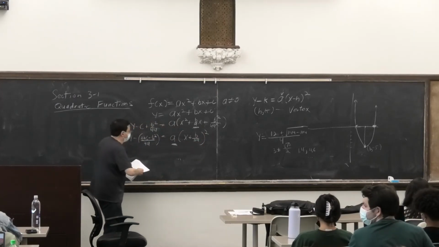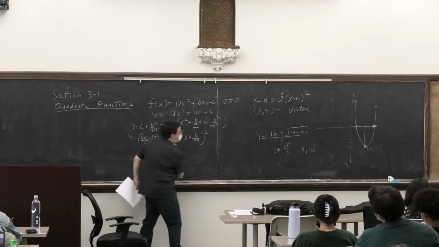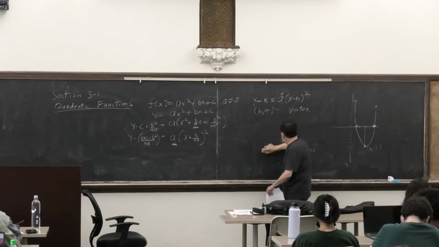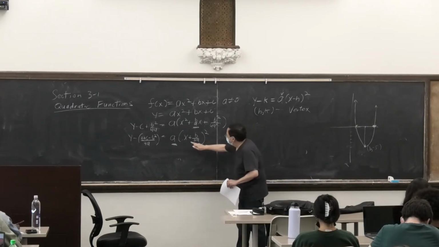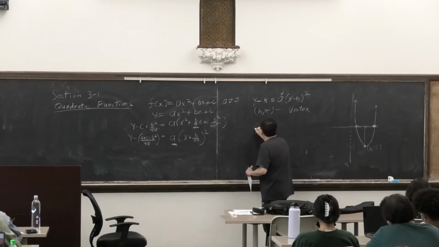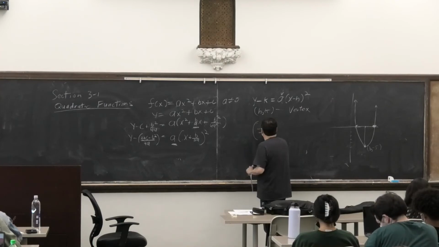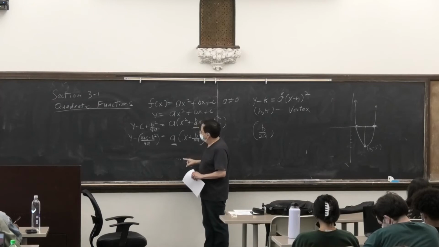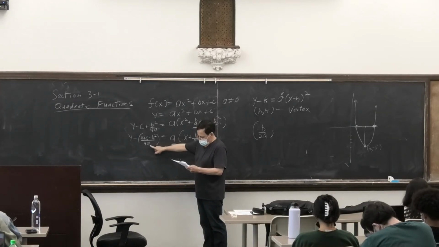This is a times (x plus b over 2a) squared. All right, so that tells me where the vertex is, right? The x is negative b over 2a. Just read that off from here.